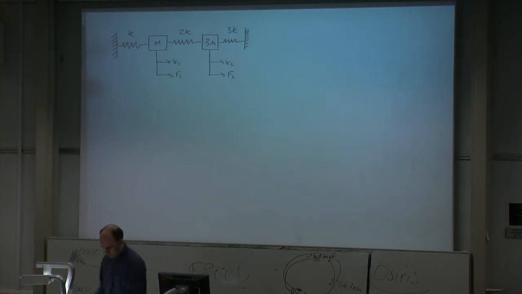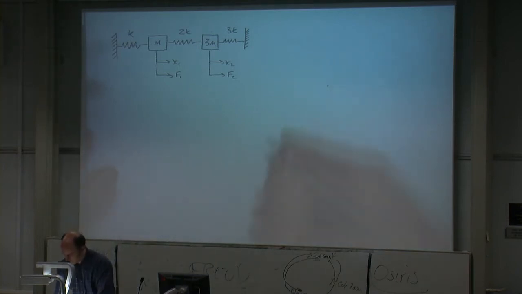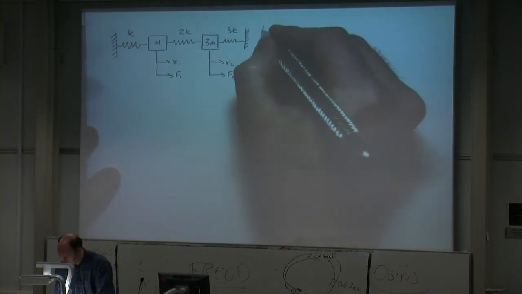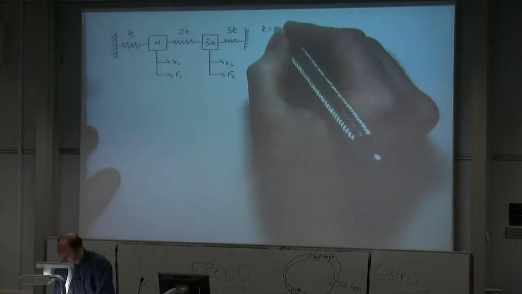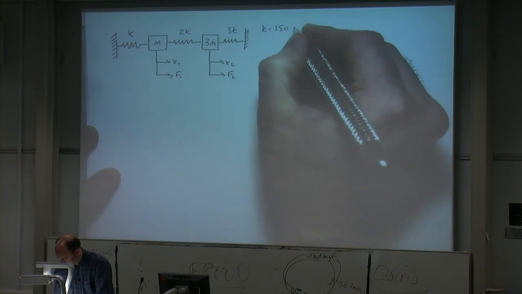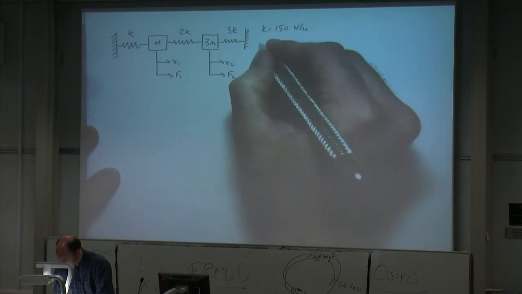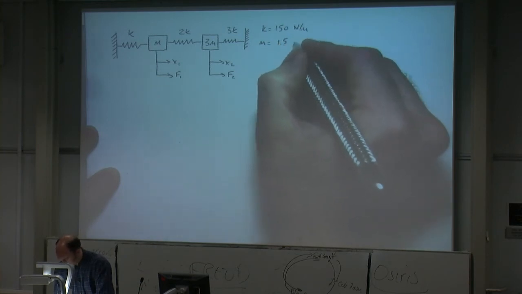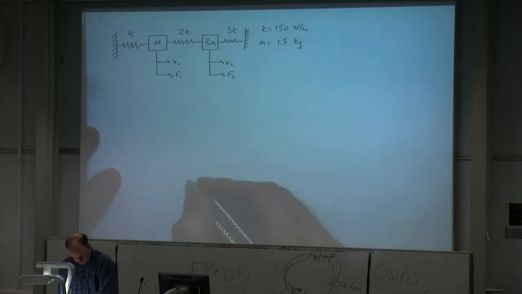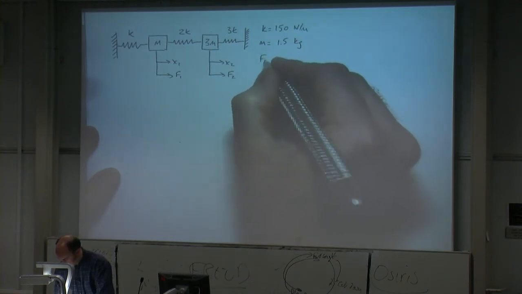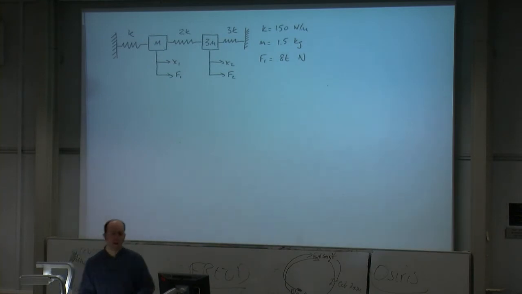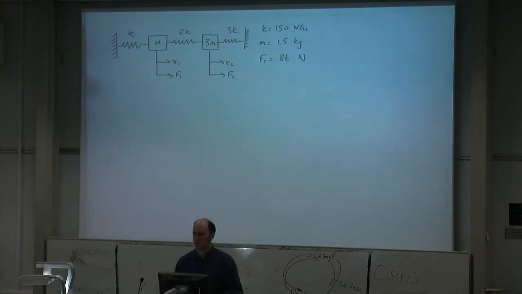And there are some constants associated with this. So we've got some values for k, m, and F1. So k is 150 newtons per meter. Each mass, m is 1.5 kilograms. F1 is 8t newtons, so that's a linearly increasing forcing function.